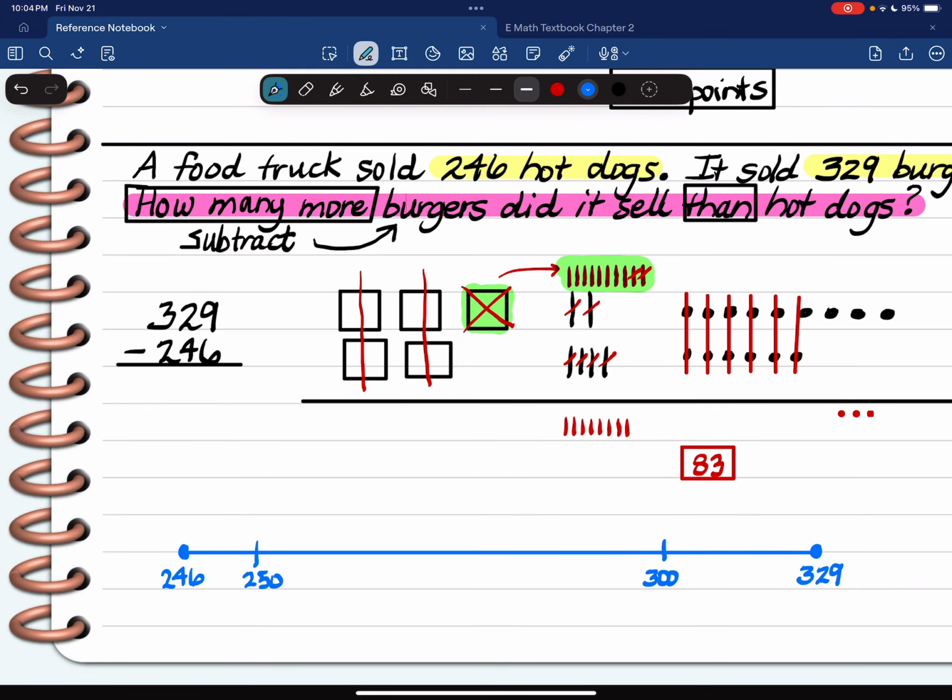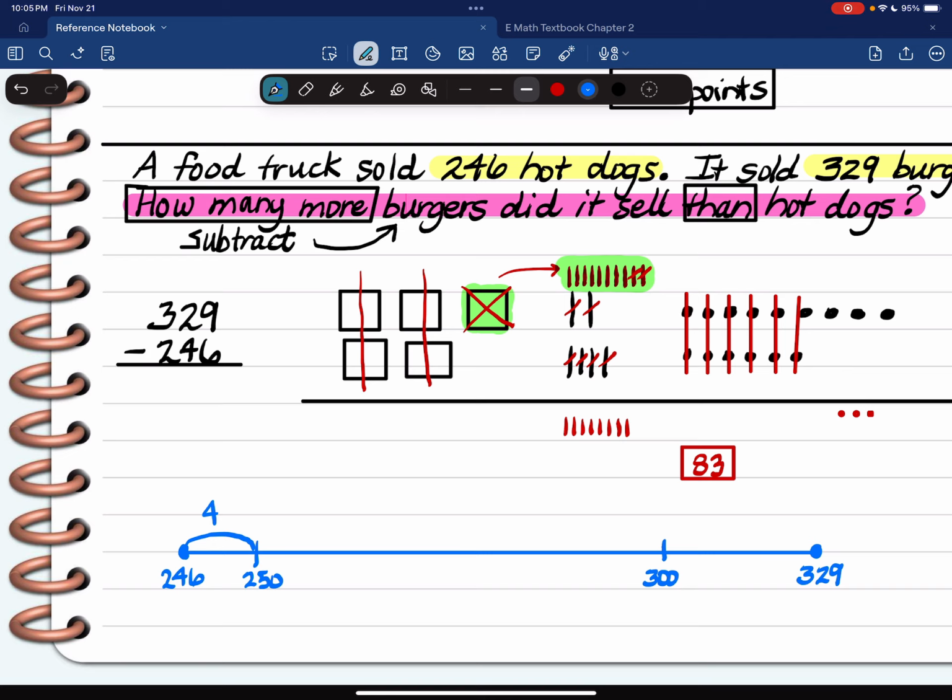Oh no, I'm sorry. I had myself confused. 246 to 250, you can count that on your fingers if you want. 46, 47, 48, 49, 50. That's 4 spaces. Let's just put 4 there for now.